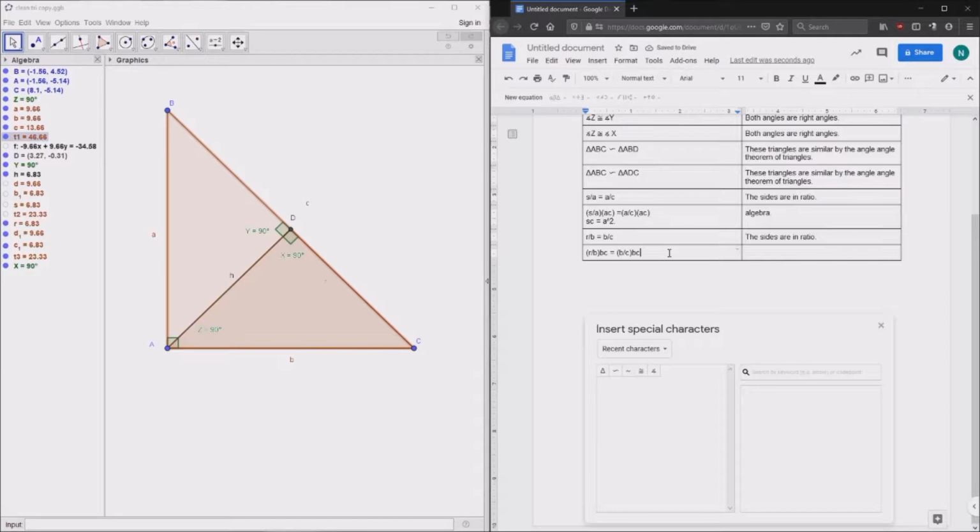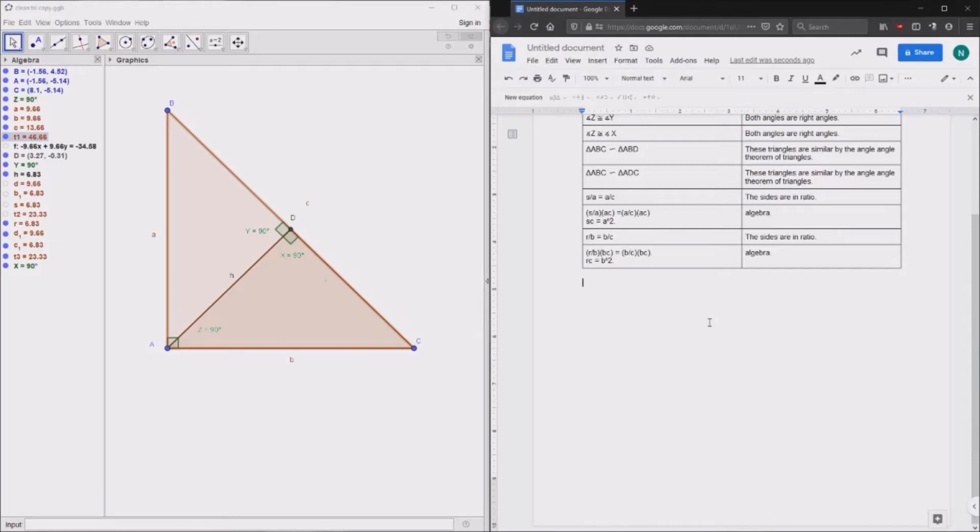And of course, when we solve that out, we'll get RC equals B squared by algebra. Now we should see something pretty familiar emerging if we have A squared and B squared. Let's start messing around with what we have down here.